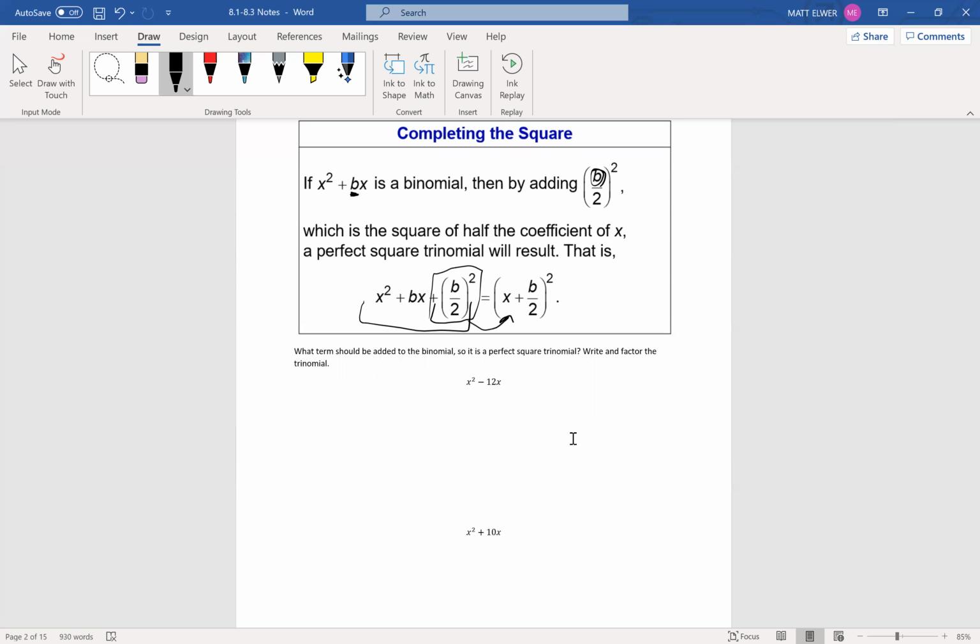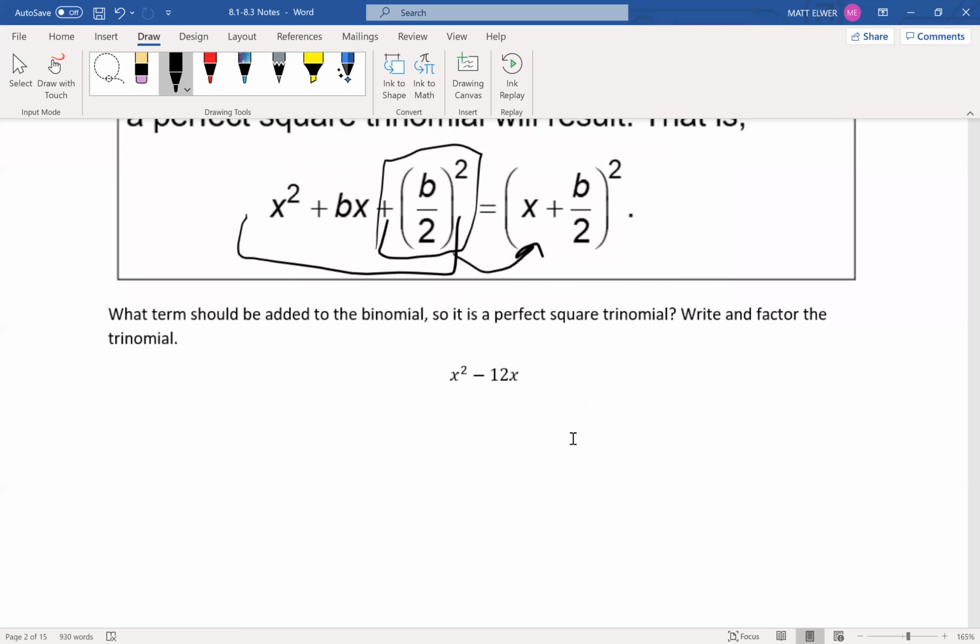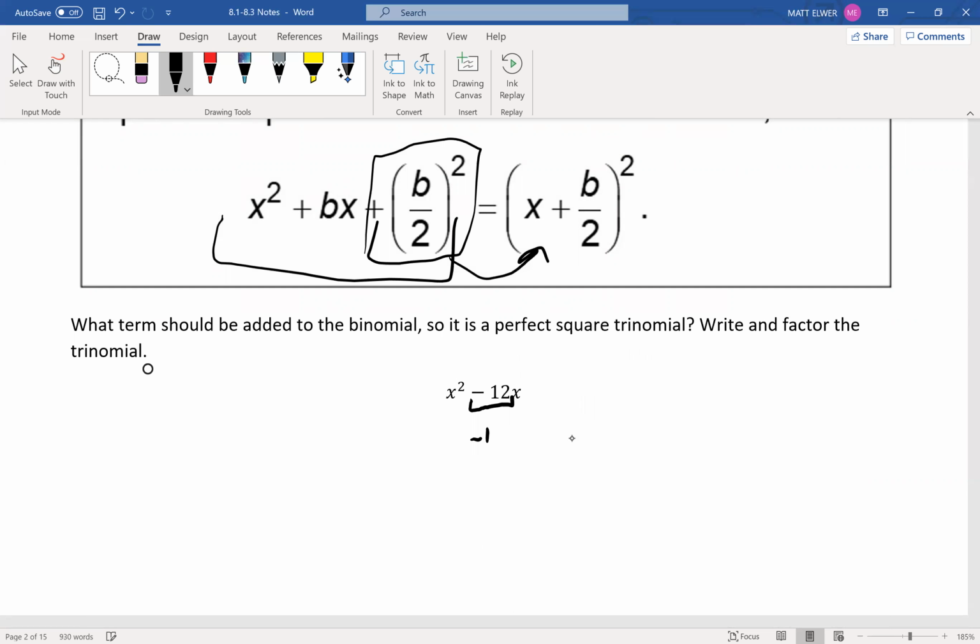If I look at this first example, notice that our b here is negative 12. So if I wanted b over 2, that would just be negative 12 over 2, and then we obviously have to square that whole thing. So negative 12 divided by 2 is negative 6 squared.